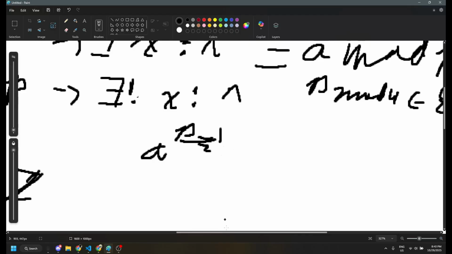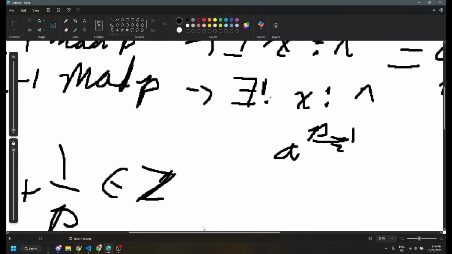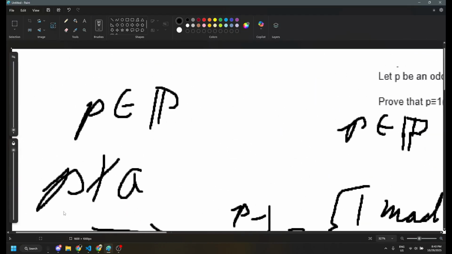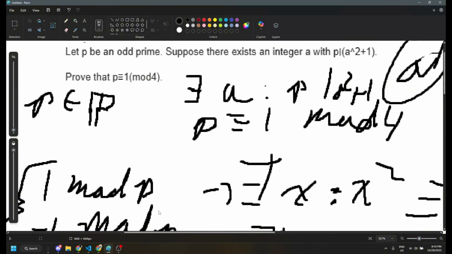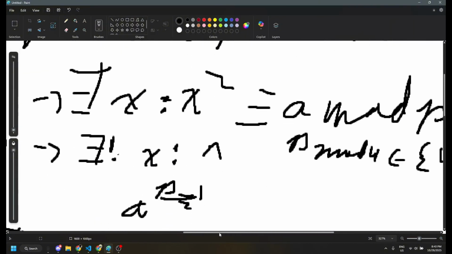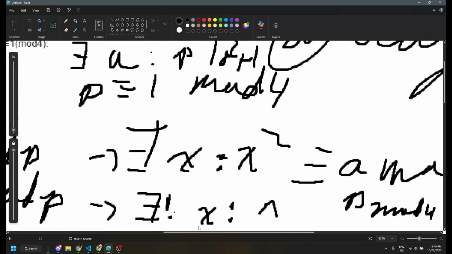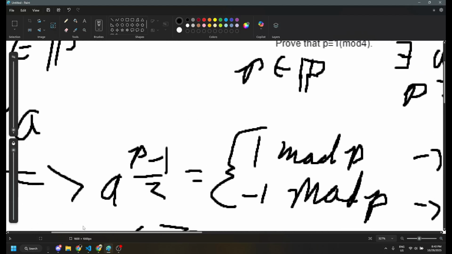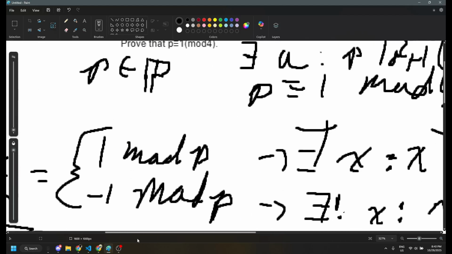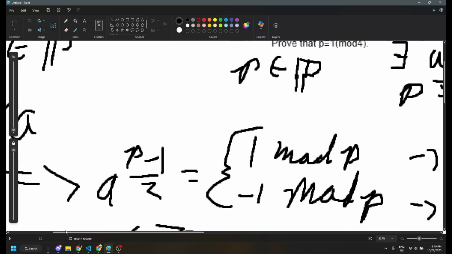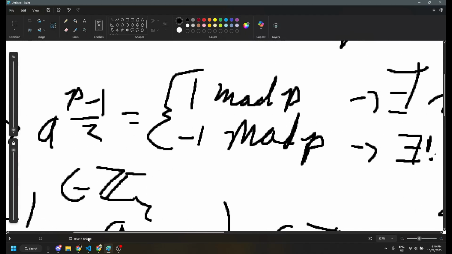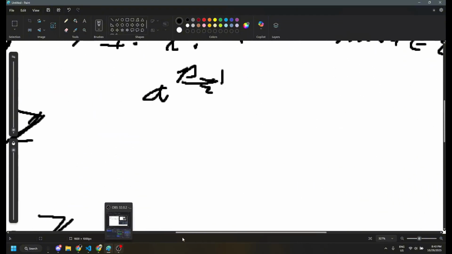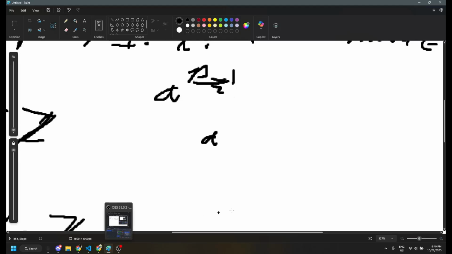We know they're odd, so it's not that. So can we say that A to the (P minus 1) over 2 is negative 1 mod P? Well, okay, A to the P minus 1 is just some kind of integer, A to the k.